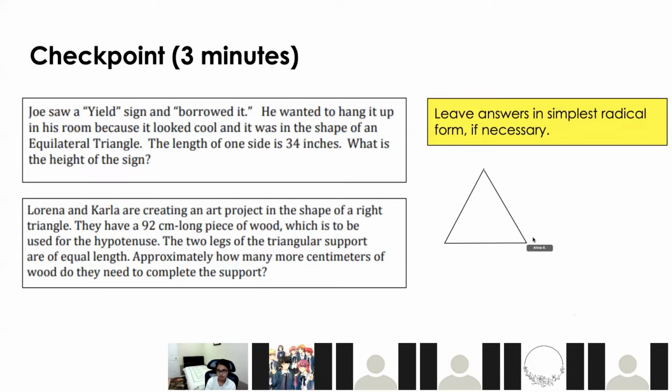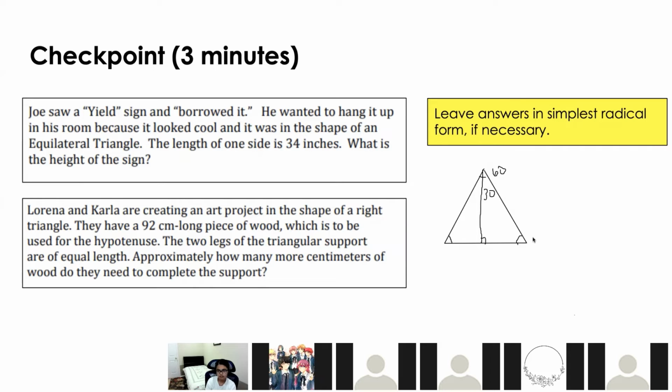So the yield sign is an equilateral triangle, meaning that each of its angles is 60 degrees. And if we add an altitude from the top point down, this would be 90 degrees, and 60 divided by 2, because it's an equilateral triangle, would be 30. And that gives us a 30, 60, 90 triangle.